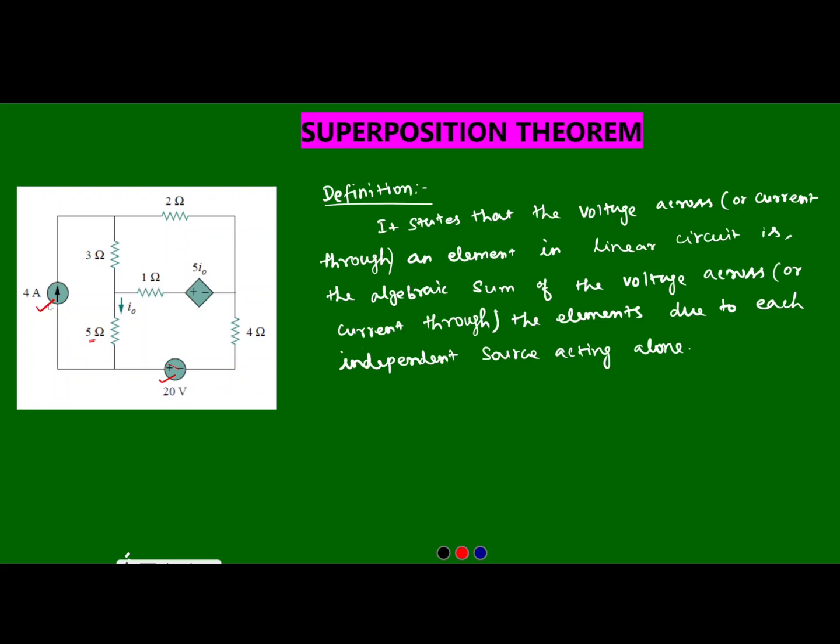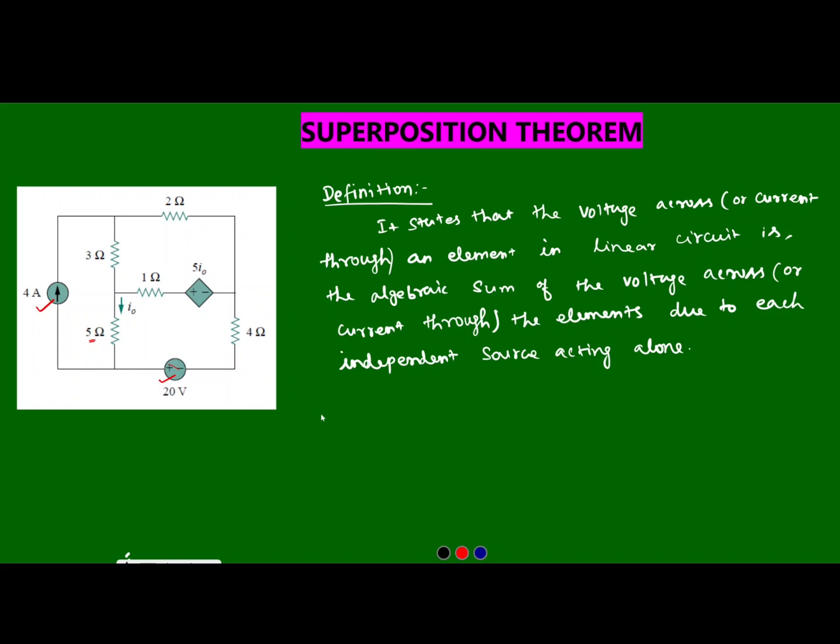Then we turn off the current source and activate the second source, that is the voltage source. We find the current flowing through the 5 ohm resistor, and finally the algebraic sum provides the combined effect of all the independent sources, which is the current flowing through the 5 ohm resistor.